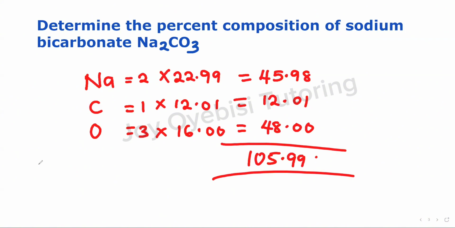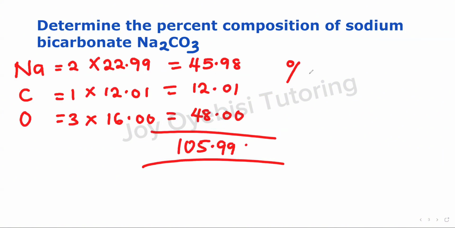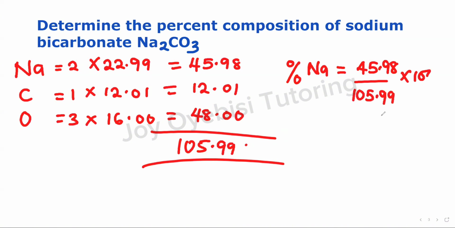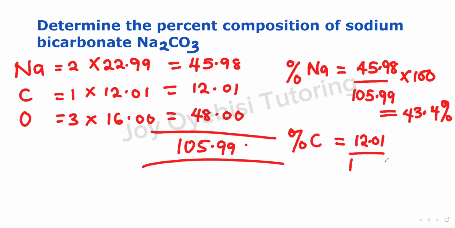So starting with sodium, percent sodium will be equal to 45.98 over 105.99 times 100. And this will give 43.4% approximately. Now, percent carbon will be equal to 12.01 over 105.99 times 100.